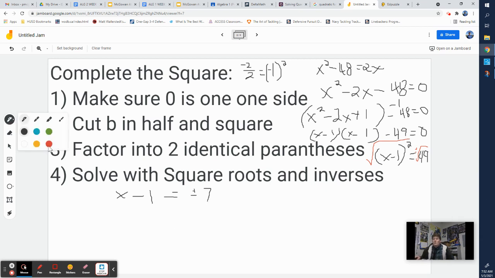Now, almost done. Let's get rid of that minus 1 by adding it to both sides. So I get x equals 1 plus or minus 7, which means 1 plus 7 and 1 minus 7, which gets us 8, 1 plus 7, and negative 5.